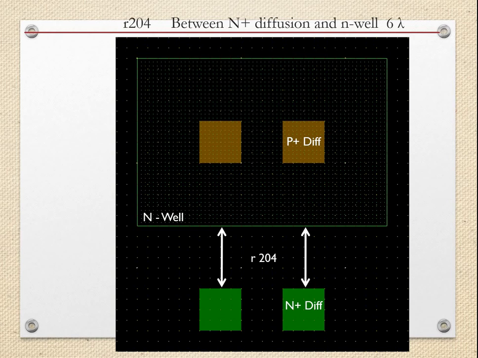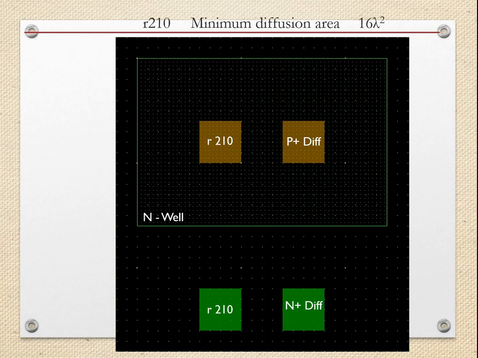Then the next rule, between N plus diffusion and N well there should be 6 lambda gap. Then rule 210, minimum diffusion area should be 16 lambda square. 4 by 4.